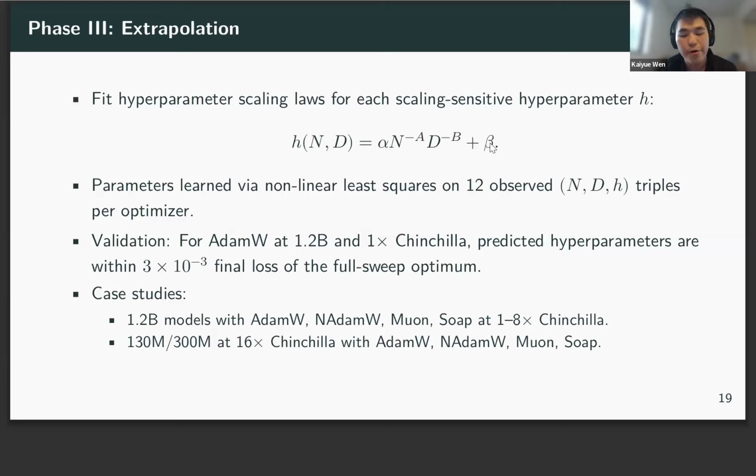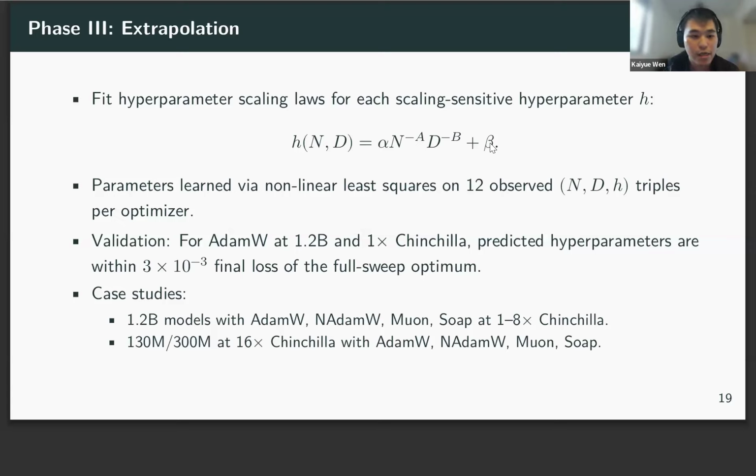But at least compared to our more thorough methodology in phase one, the extrapolation quality is not that terrible. It's still roughly the same performance as if we had swept the hyperparameters on the 1.2B models, which is a somewhat counterfactual statement, because for AdamW we actually did, but for the other optimizers we didn't sweep all the hyperparameters.